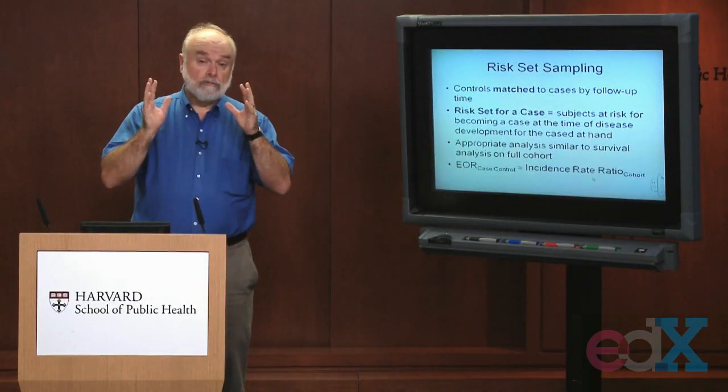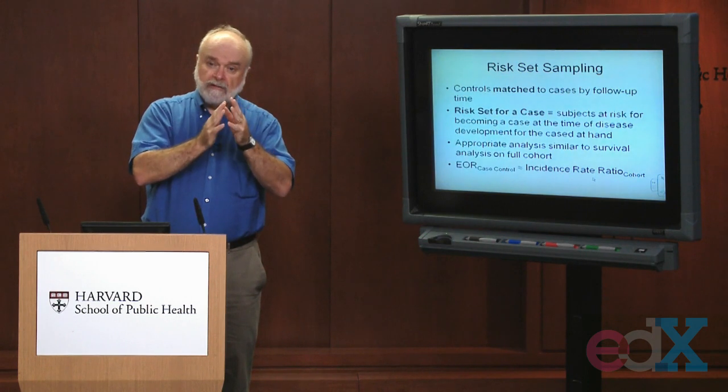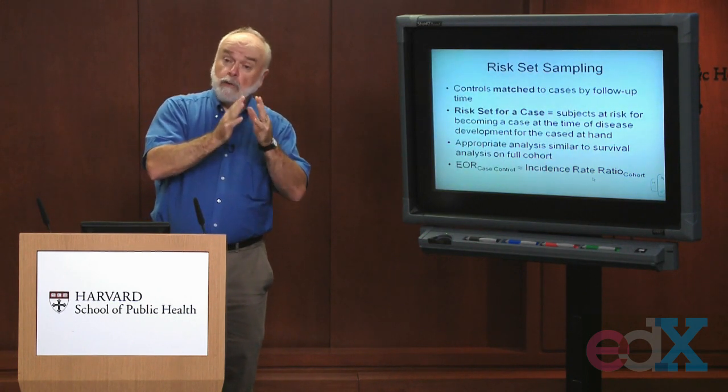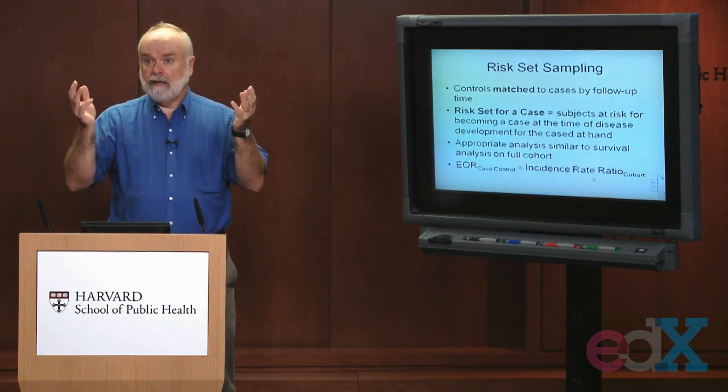But what risk set sampling means is that when we select our cases, we're going to take into account the time during the cohort study in which that individual became a case. Now, the risk set for that case is everybody else who was in the cohort study at that time and was at risk for becoming a case at the time the case became a case.